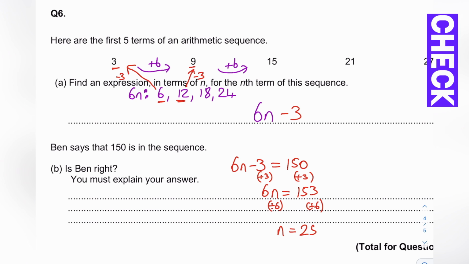This equals 25.5. So therefore it is not in the sequence as n is not a whole number. Okay, and because you've shown that working, that is the explanation for your answer.